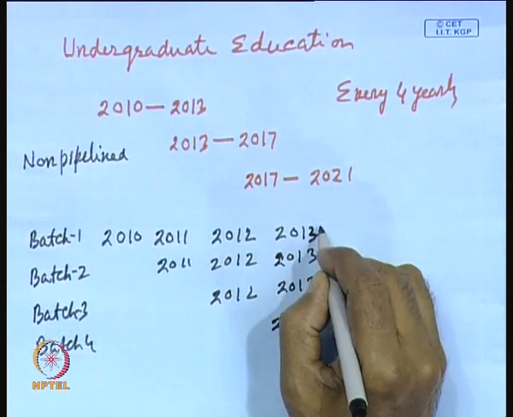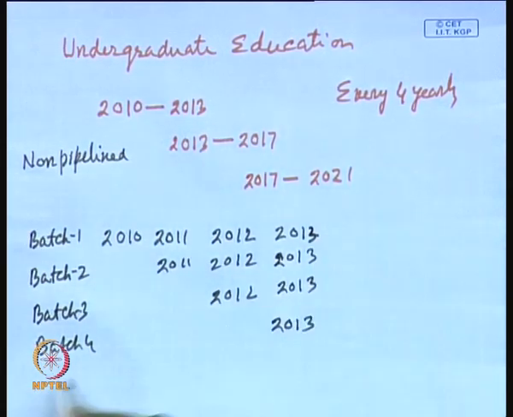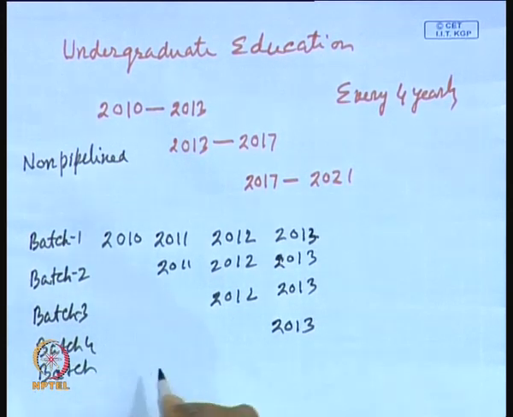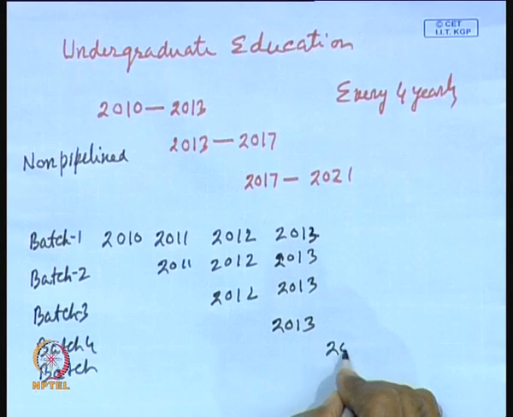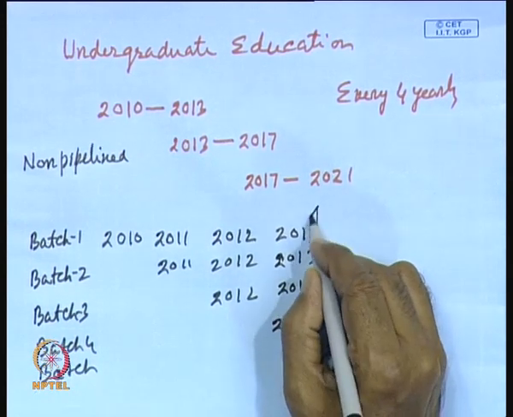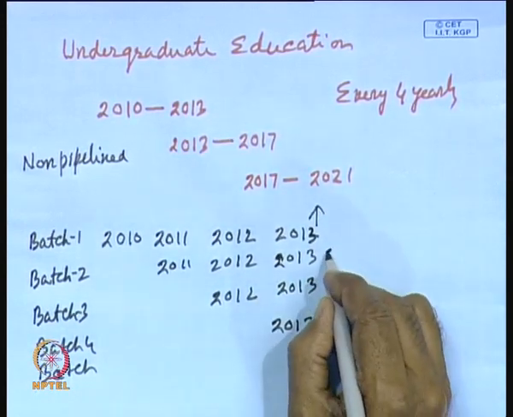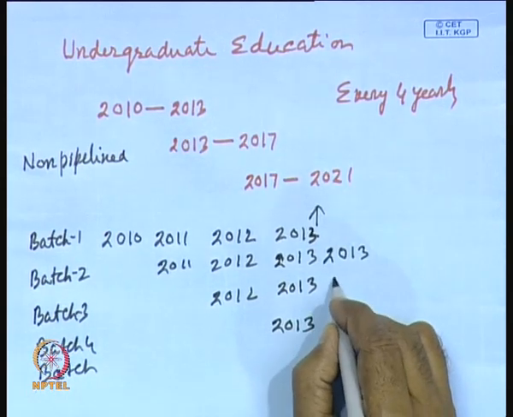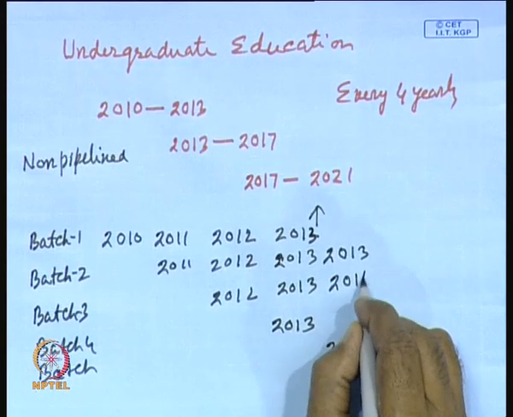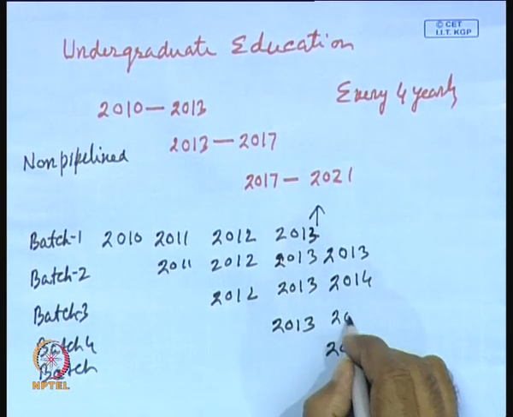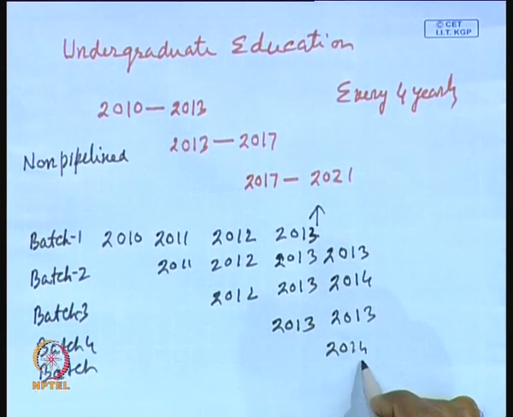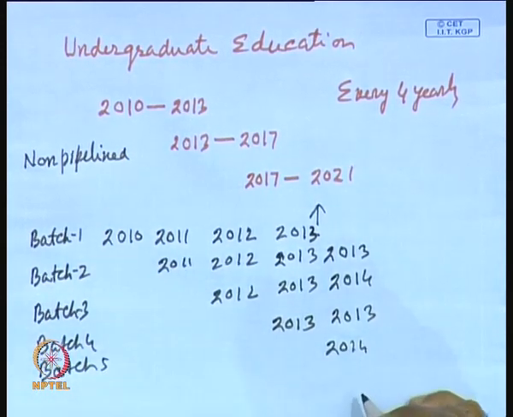And so, as we go to the year 2014, we find that batch 1 will pass out, batch 2 will go to fourth year, batch 3 will go to third year, batch 4 will go to second year, and batch 5 will go to first year.